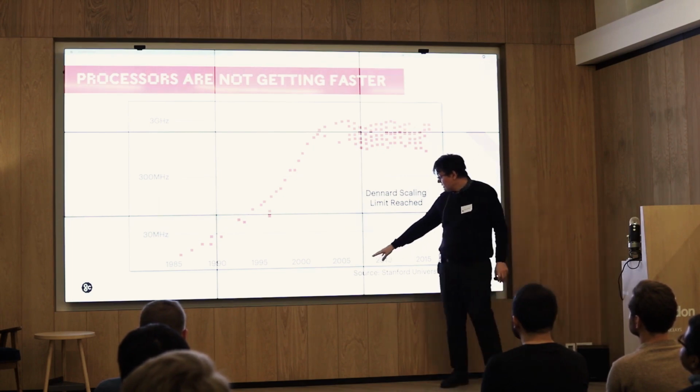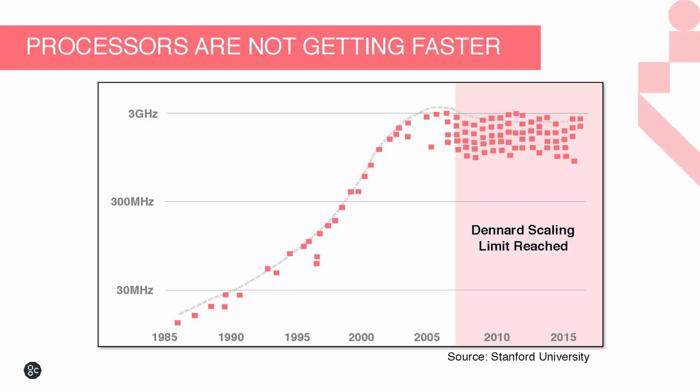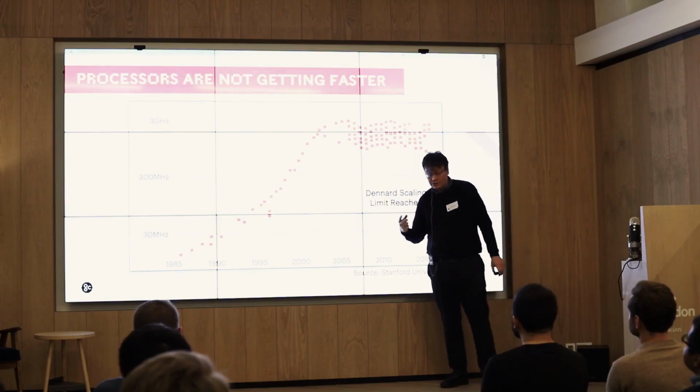And then around 10 years ago or so, it stopped. So every processor from then on doesn't clock any faster, so it doesn't process instructions any faster.